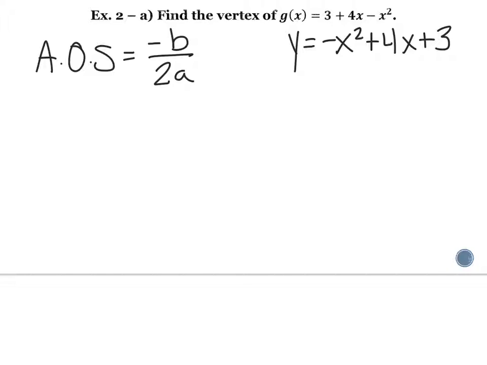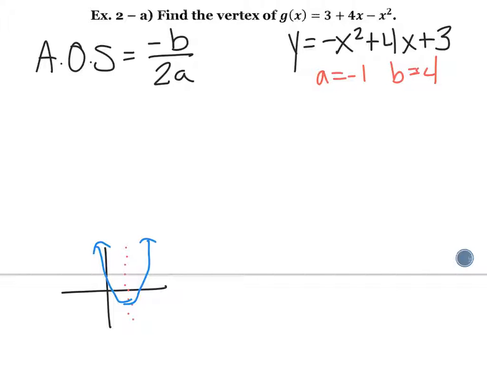Remember, the axis of symmetry is what cuts your parabola in half. Okay, so it tells you where it cuts. So to find the axis of symmetry of this guy, I need to know what b is and what a is. Well, a is negative 1, b is 4, c is 3, but that's not important.